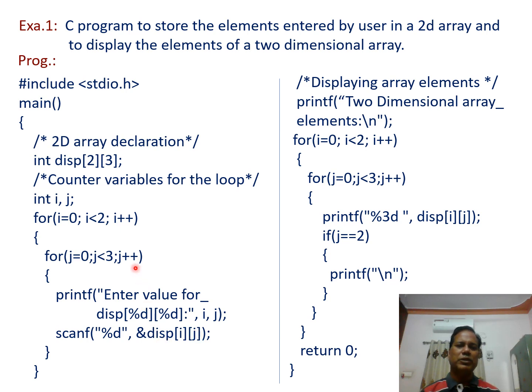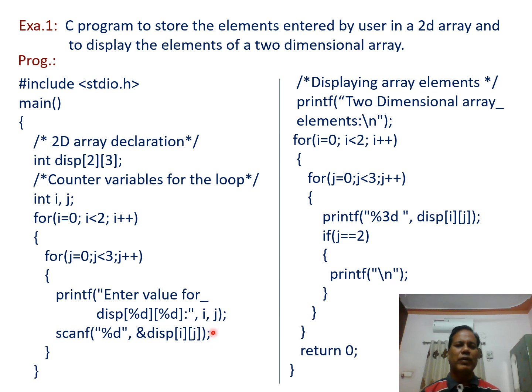Then again the value of j is incremented, and this time the value becomes 2, 2 less than 3. The condition is again true. So by executing the body of the inner for loop, the third value is taken in and is stored as disk 0 2.